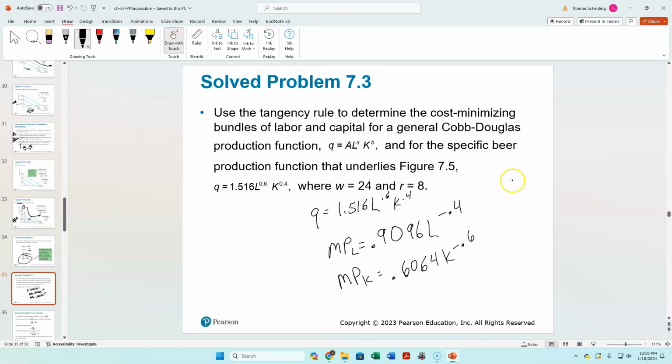And now what we'd be saying is that 24 over 0.9096 L to the negative 0.4 is equal to 8 over 0.6064 K to the negative 0.6.